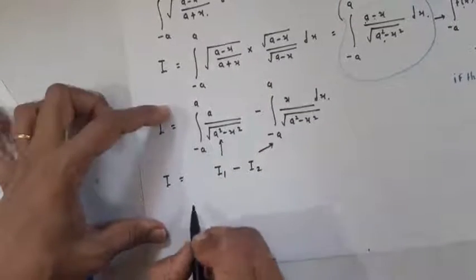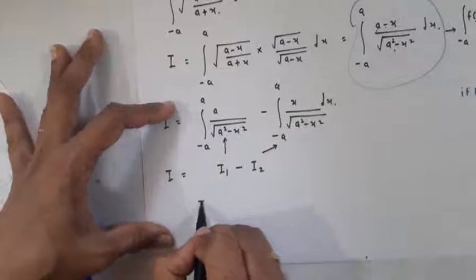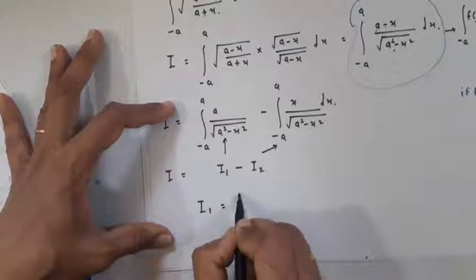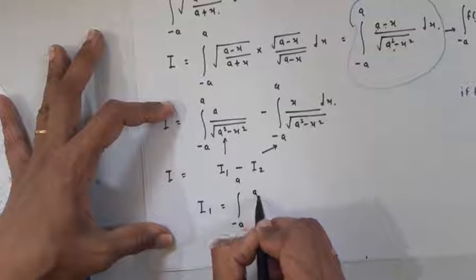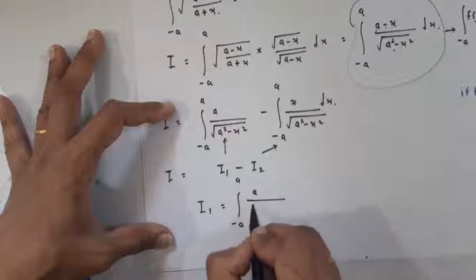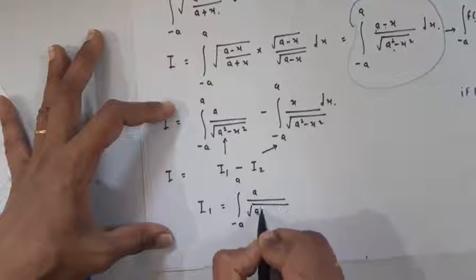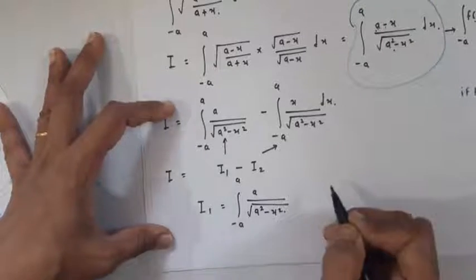So let us consider the integral I1. I1 equals the integral from minus a to a of a upon square root of a square minus x square.